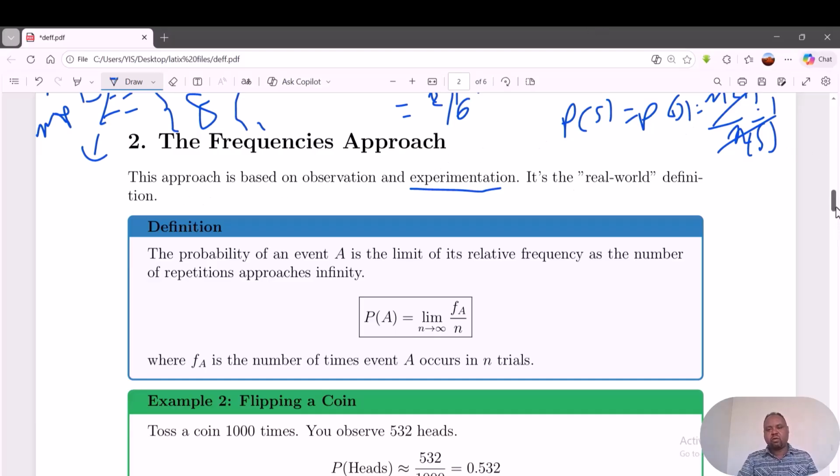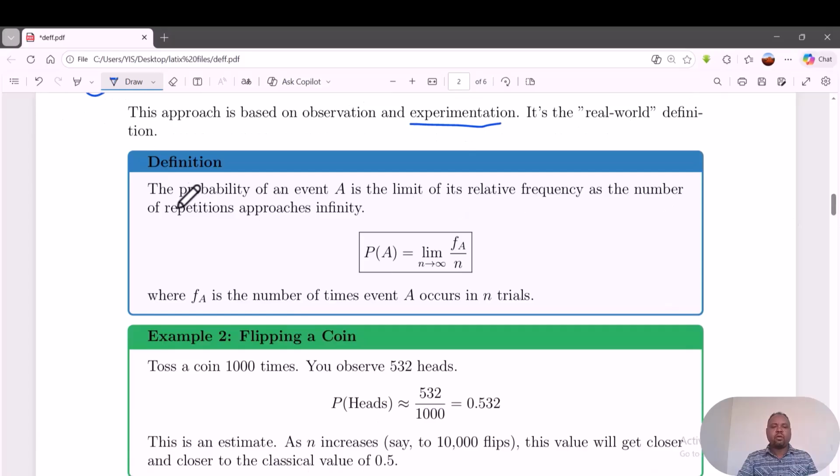So the probability of an event A is the limit of its relative frequency as the number of repetitions approaches infinity, where f A is the number of times event A occurs in n trials. Now n is the number of trials, and f A is the number of times that event A occurs.